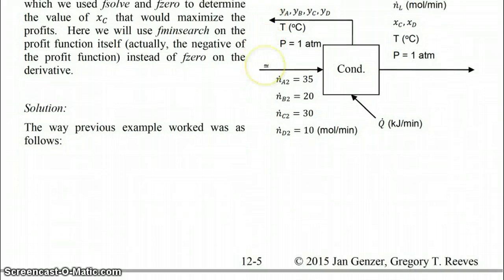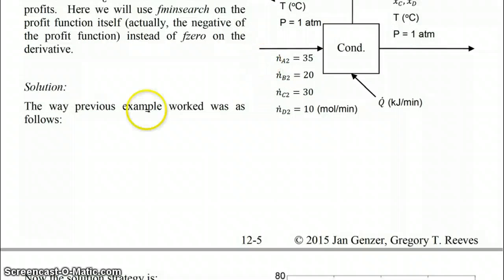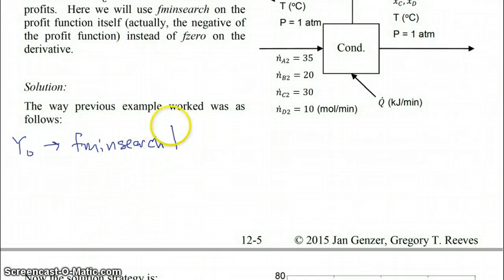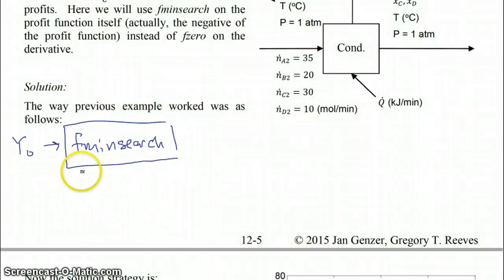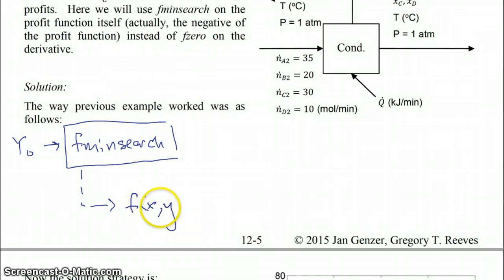So the way the previous example worked was as follows. You have some initial guess for your minima, and you're going to call on fminsearch. That fminsearch is going to then call on some function, f of x and y, as we saw in part B of the previous example.